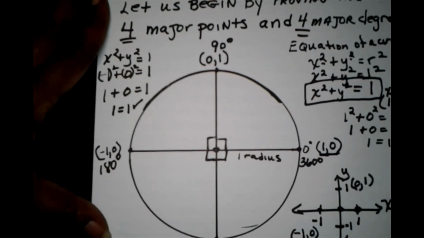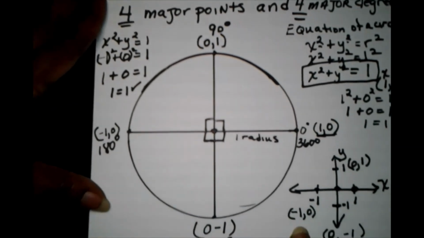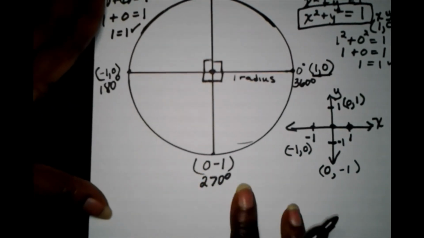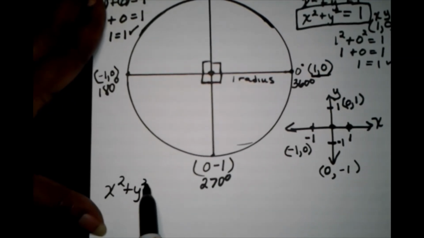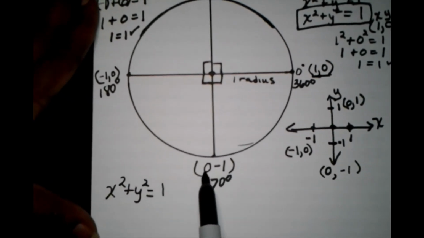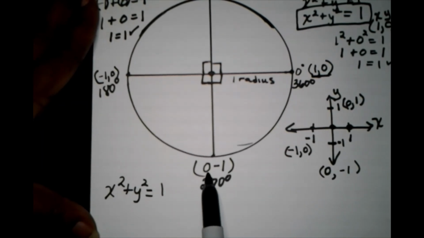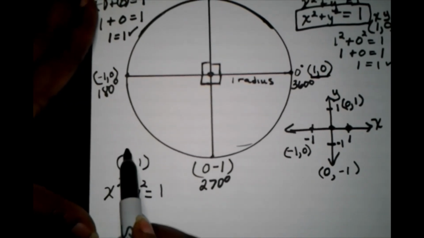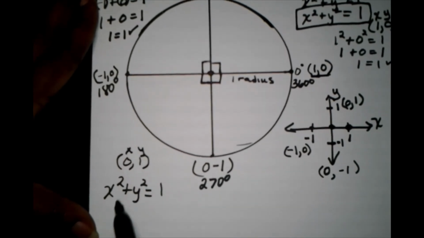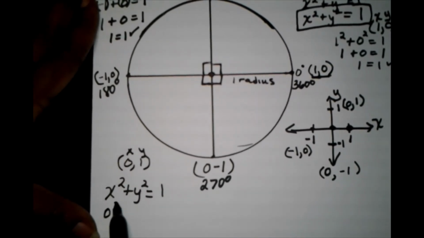Now I'm going to try one of these. I think I'm going to do the worst one. This one on the bottom. That's the one we're going to do. So once again, x squared plus y squared equals 1. So here we go. Now our x is 0. See, 0, comma 1. Our x is 0. Our y is 1. So here we go. 0 squared plus 1 squared.